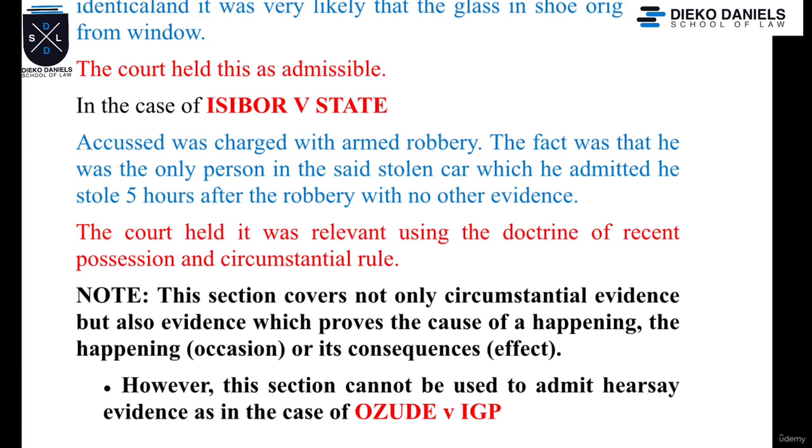For example, in the case of R versus Abadon, occurrence A there was the fact that there was a breaking in. So if you had not admitted the breaking in through the window where the glass was shattered, how will you then be admitting the glass inside someone's shoe? Do you understand? So you must have admitted occurrence A first before you admit the cause or the effect. Because if you just jump into admitting the effect without admitting occurrence A, then that's the problem.